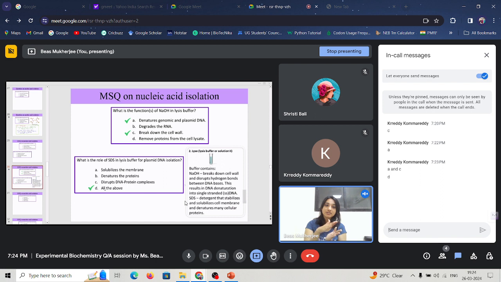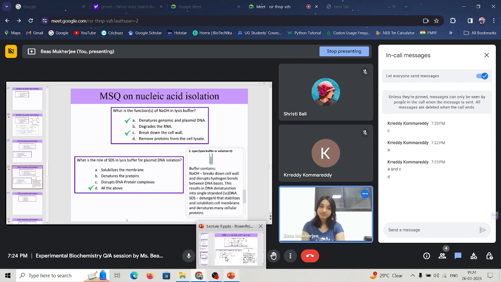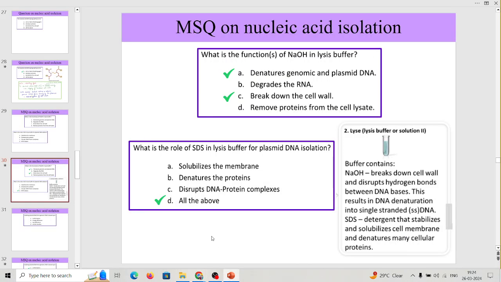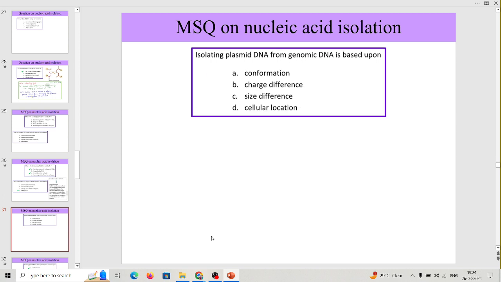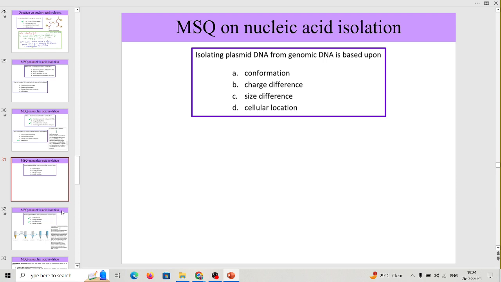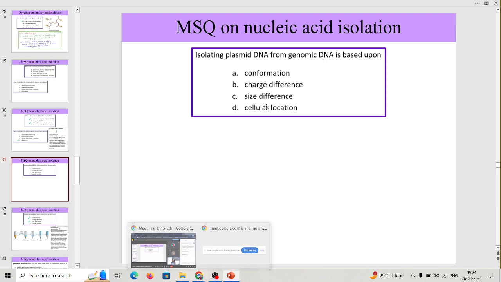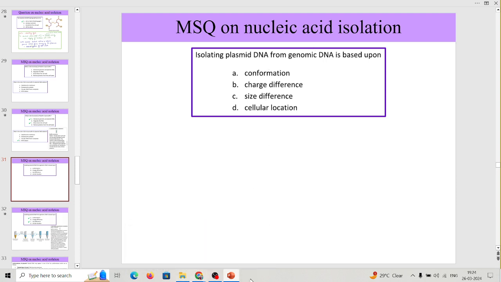It is going to denature the DNA and separate the two strands, and then SDS is going to destabilize the membrane. It is going to denature the cellular proteins. So yes, that explains the functions of both SDS and NaOH, right? Then there is one more tiny question. It is again an MSQ. Tell me, isolating plasmid DNA from genomic DNA is based on.